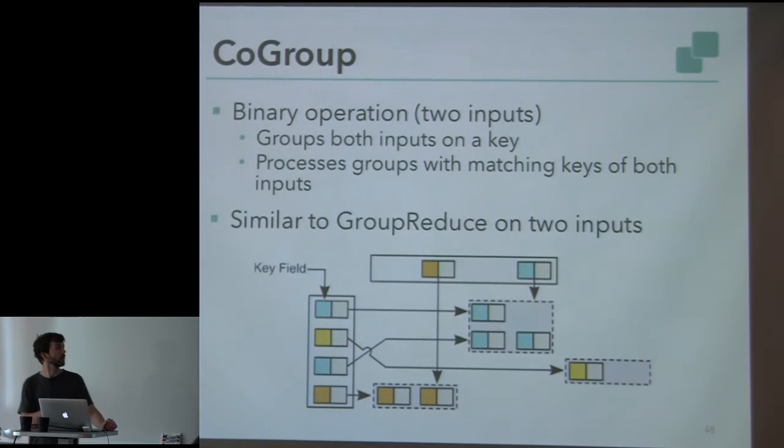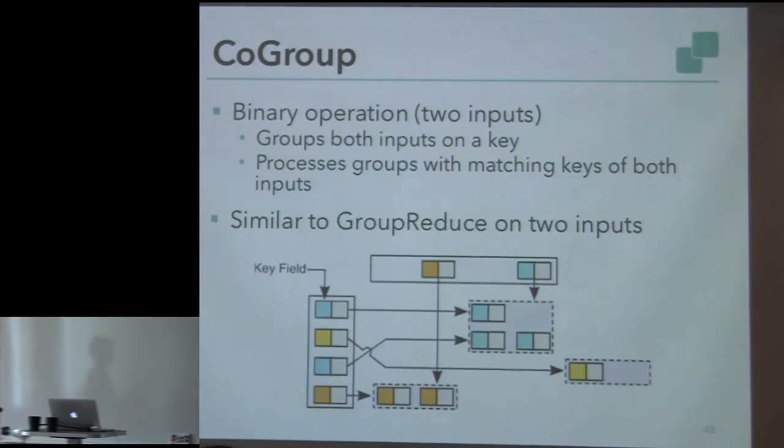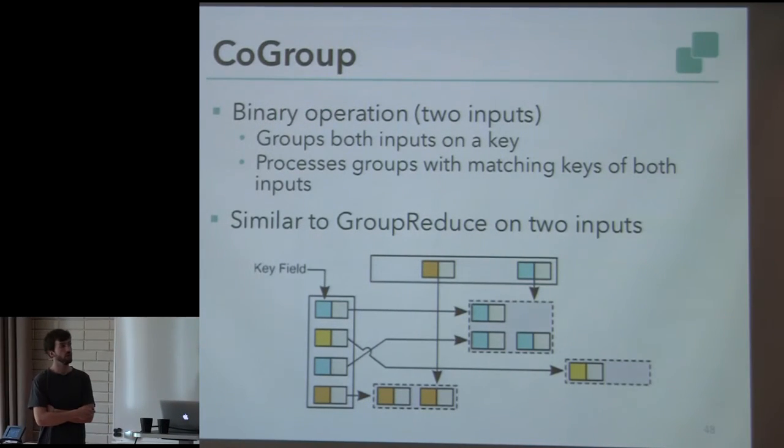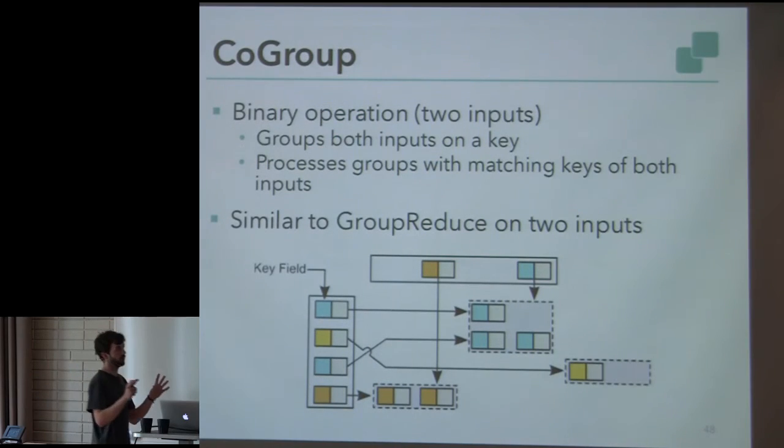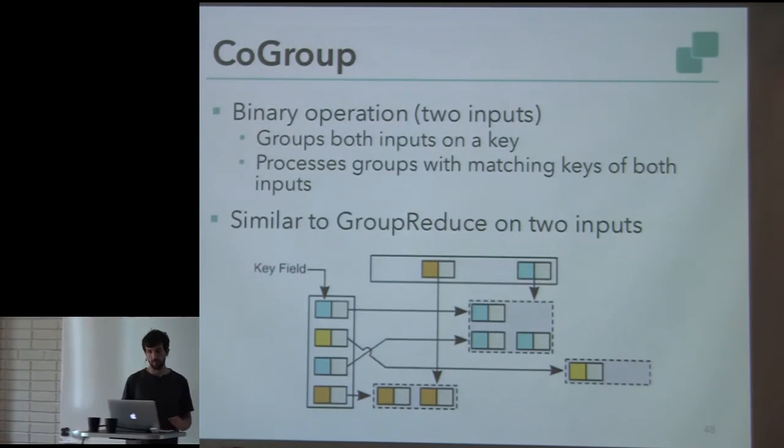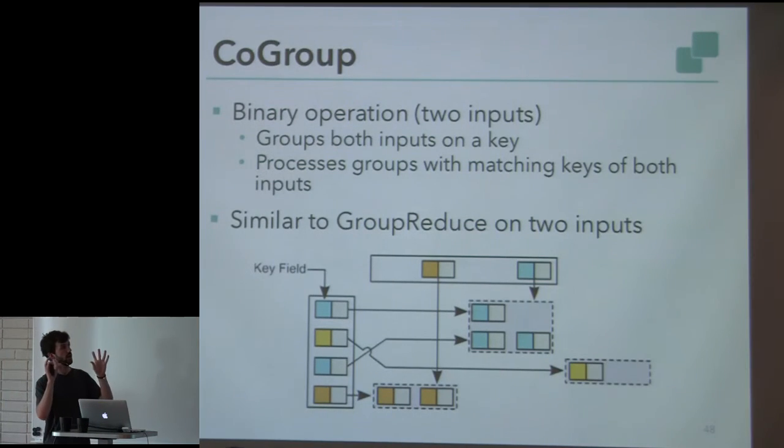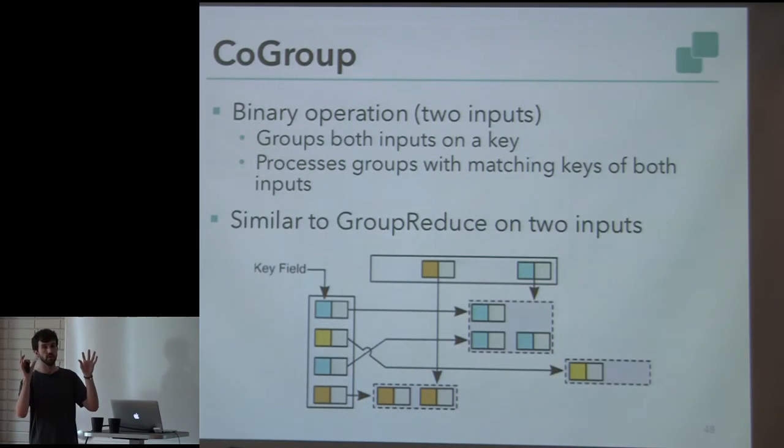Maybe I'll show you the co-group. It's nice because it's an operator you can use to group two inputs on a key and receive as input the elements which are present in both inputs, and that enables you to implement all kinds of join algorithms.